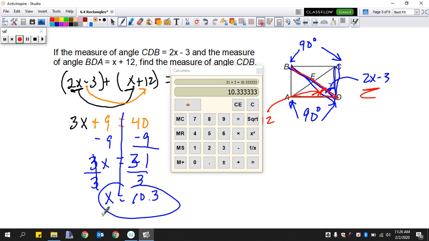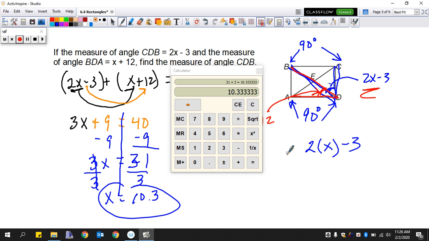All right. So find the measure of CDB. So CDB is right here, which is 2 times x minus 3.